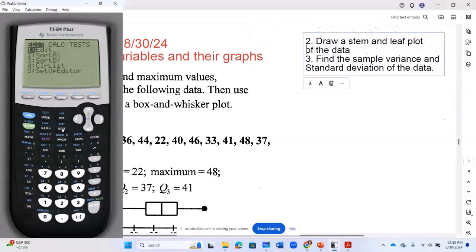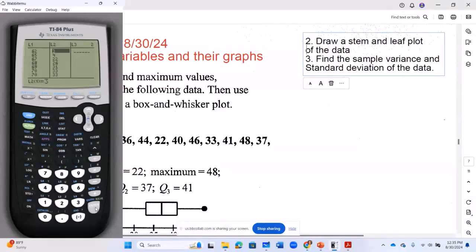I'm going to go to start, and sort ascending is number 2. I take number 2 and make sure I tell my calculator that the data I want to sort is L2. It said it's done, so I go to start, edit. So this data is sorted in ascending order.